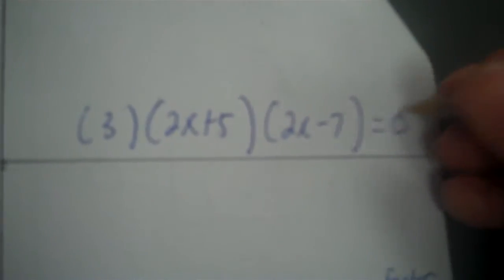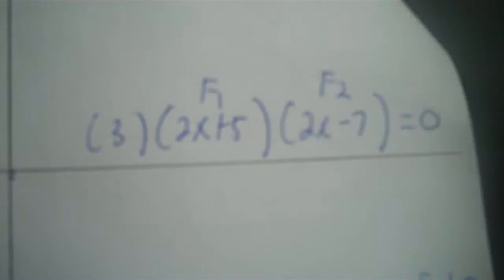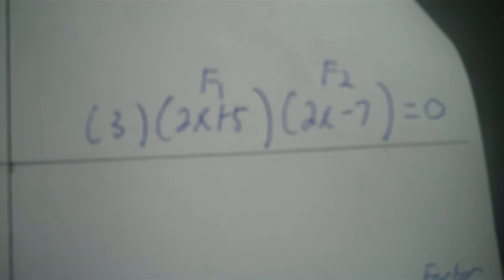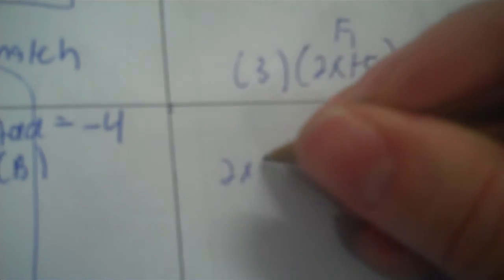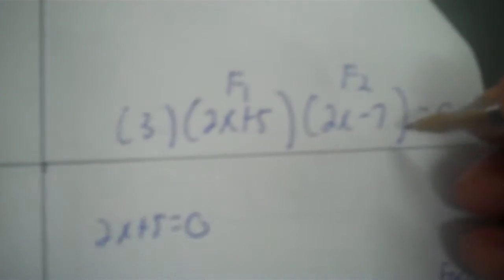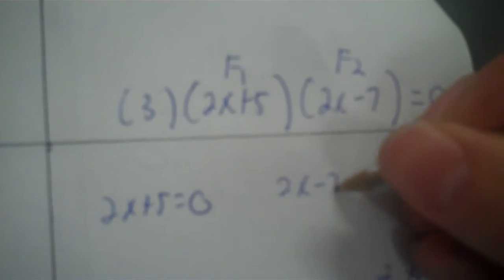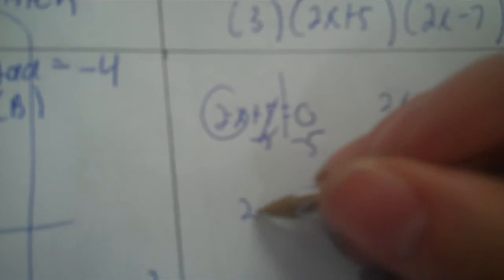Now you put equals 0. Now this 3 is there, but it doesn't have the x variable. F1, F2 would come from here. See, that 3 doesn't contain x. So 2x plus 5 could equal 0, or 2x minus 7 could equal 0. 2 times x, 0 minus 5 is negative 5. Then you divide by 2.